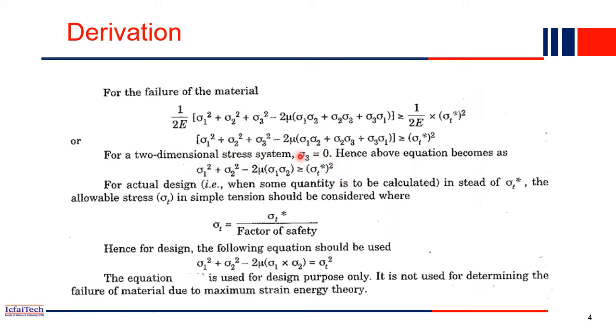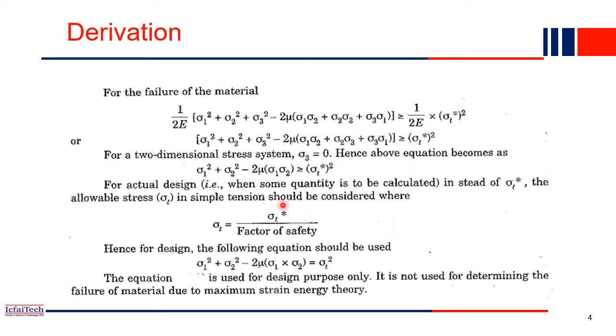If you remember, we explained last class also that sigma t star is the yield strength of the material. But in actual design, we won't consider the yield strength directly. We divide it by some factor of safety, and that we consider as the permissible stress. So our design will be based on sigma t, not sigma t star.